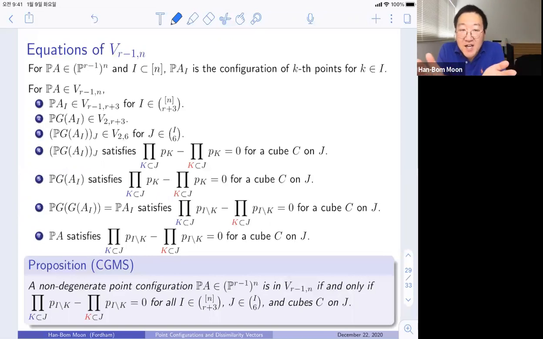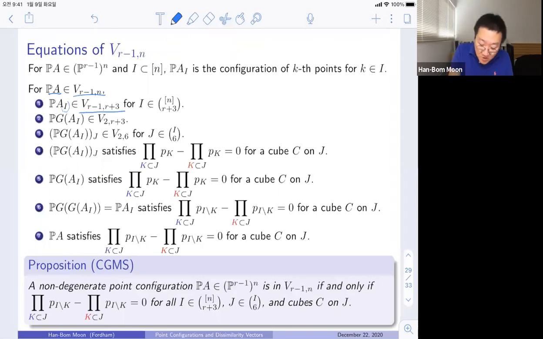For any subset I of the index set, P_A restricted to I is the sub-configuration of points indexed by the subset I. Let's start from an n point configuration in P^{r-1} which lies on a rational normal curve. By restricting the index set, we forget some points, and still it is on a rational normal curve.